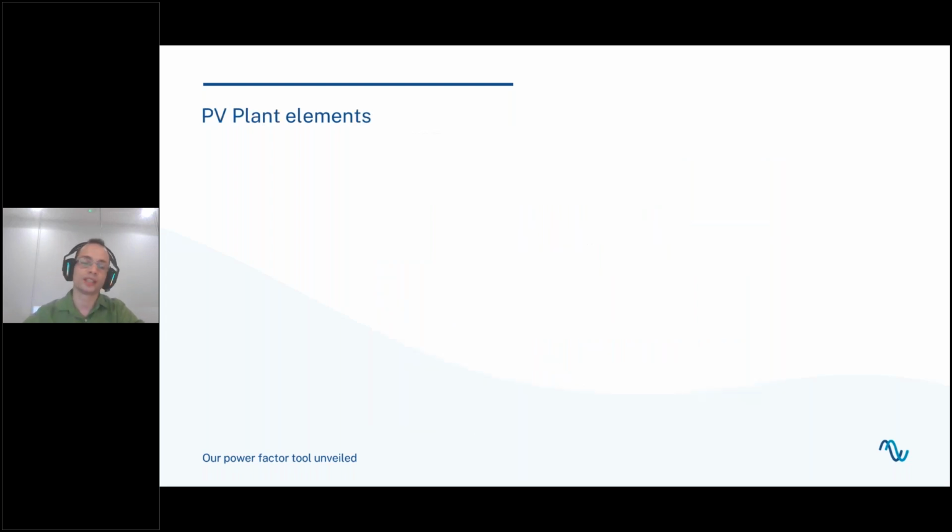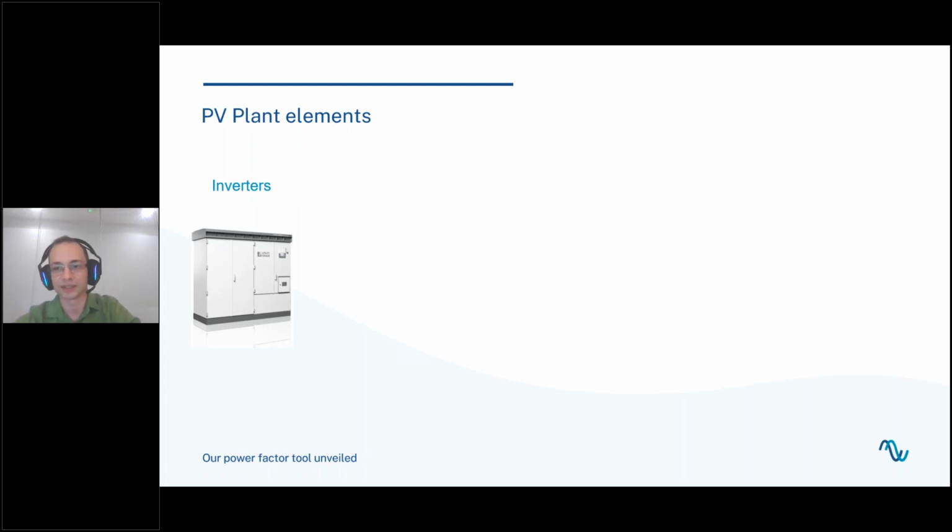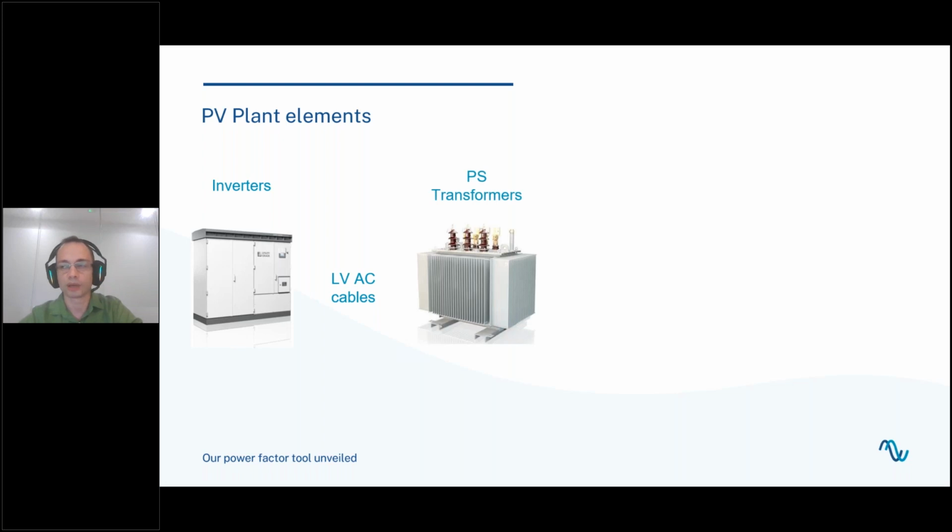Now, moving on to how we calculate the power factor. First, let's review the PV plant elements. First, we have the inverters. We're going to omit any elements before the inverters because they are not related to this specific part. After the inverters, we will have low voltage AC cables, which will go to the power station transformers that will raise the voltage to medium voltage.